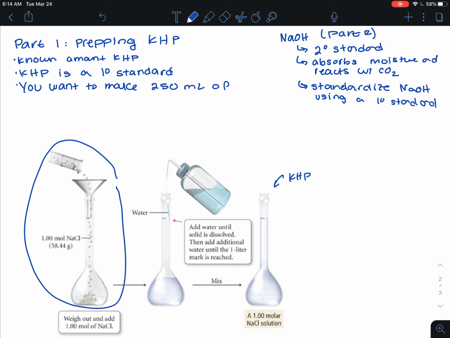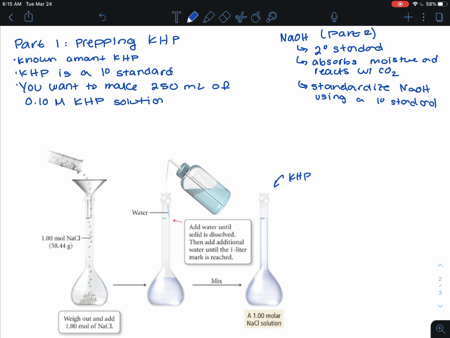Well, you want to make 250 milliliters of a 0.10 molar KHP solution. Now this is all that I give you. This is in day 1. If you would come to the lab, I'd give you some time after my little spiel to tell you I want you to know how much you need to make a 0.1 molar solution that's 250 milliliters.